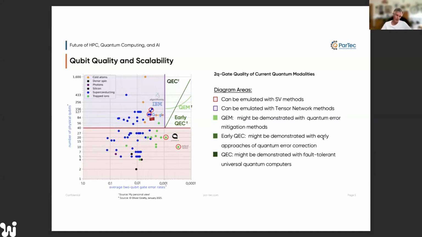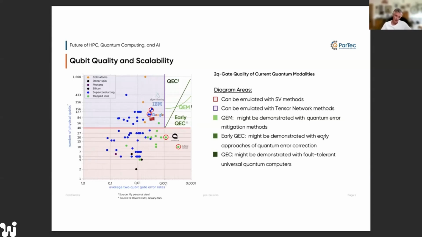And in this shaded magenta rectangle, this is the tensor network method, so we can also simulate at low error rates up to hundreds of thousands of qubits with this kind of technology. And you see all the dots with the different kinds of quantum technologies we have in place today.